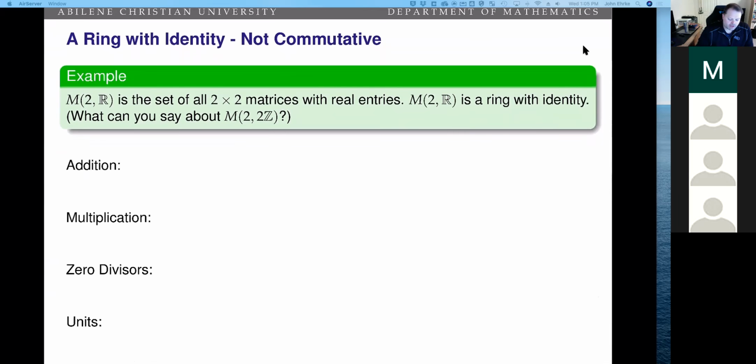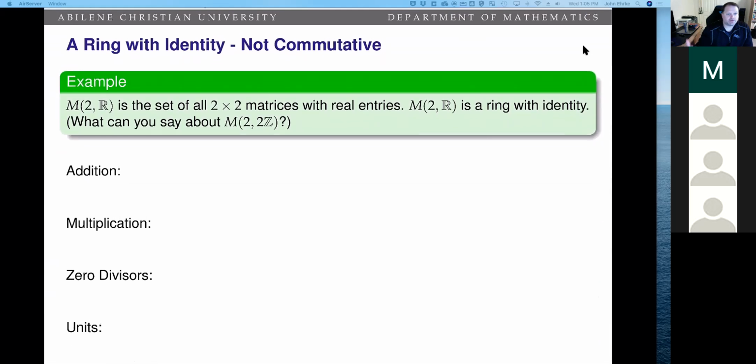All right, so I want to give you some basic examples. I want to look at some of the properties of these different rings. The first one here is the set of all 2x2 matrices with real entries. We call that M2R. That's not to be confused, by the way, with GL2R.